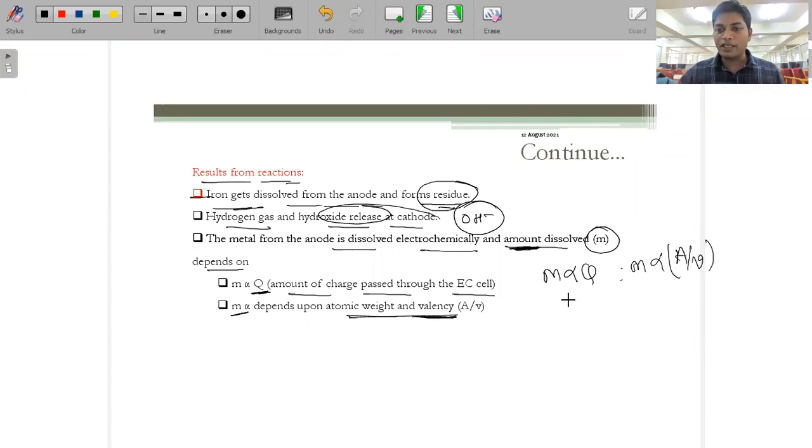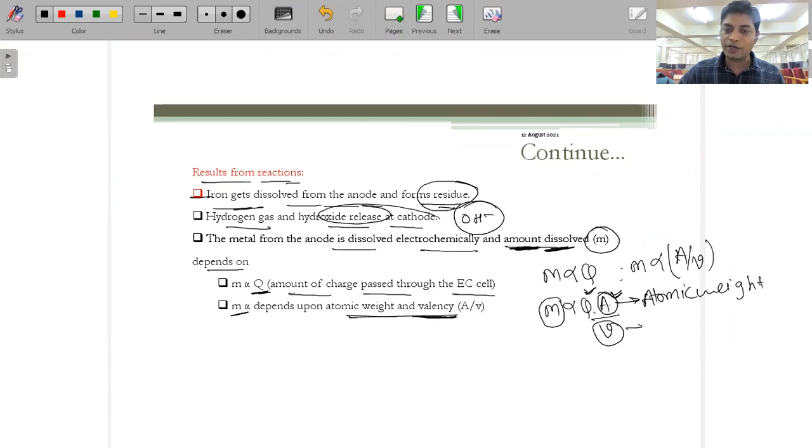If you combine these two, then m is directly proportional to Q into A by V. It will just multiply. Here, m is the amount that is dissolved or depleted from the workpiece. Q is the charge that is passed through it. A is the atomic weight, please keep in mind this is atomic weight, and V is the valency.